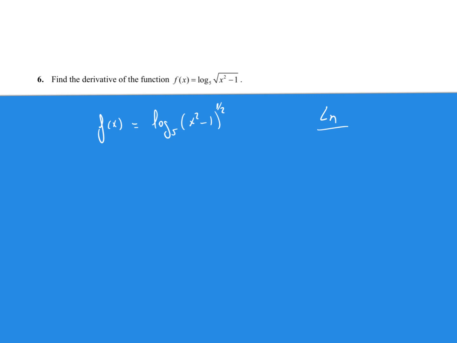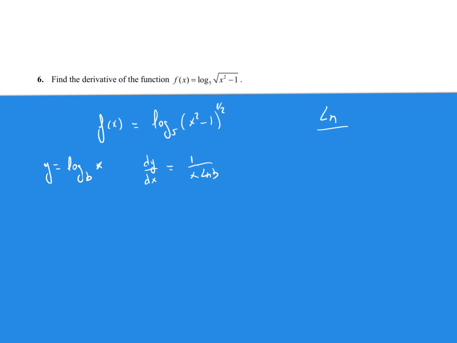When you have the log of x, if you have y equal log in base b of the number x, the derivative of y with respect to x is 1 divided by x times the natural log of the base b, which in this case is 5.